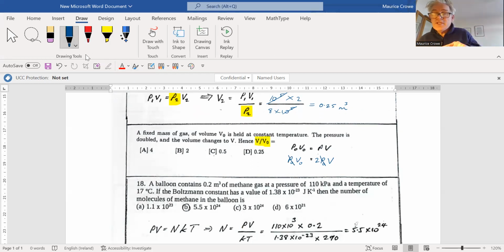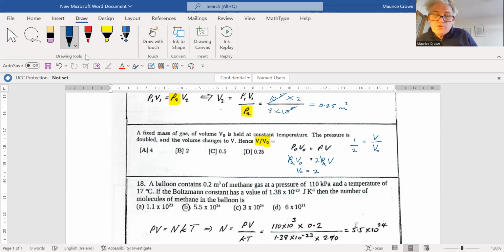V over V0. That means keep the V here, and move the V0 over and under. And what was on the other side? A 1 understood there, and the 2 goes over and under. Maybe I could have just gone like that there as well.